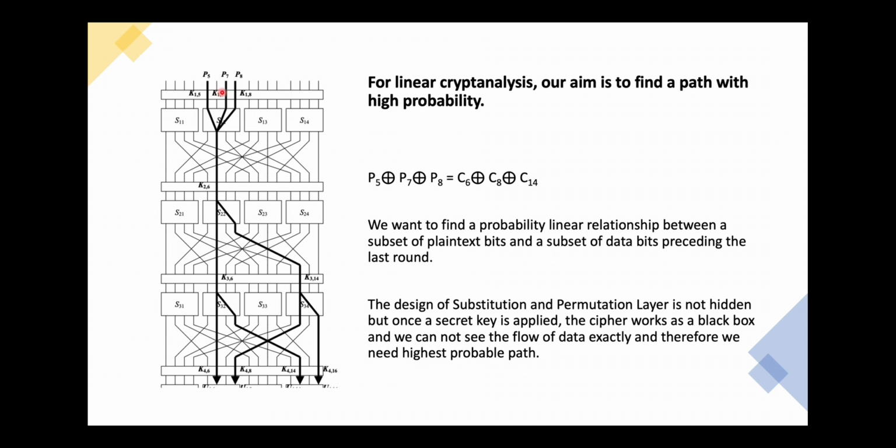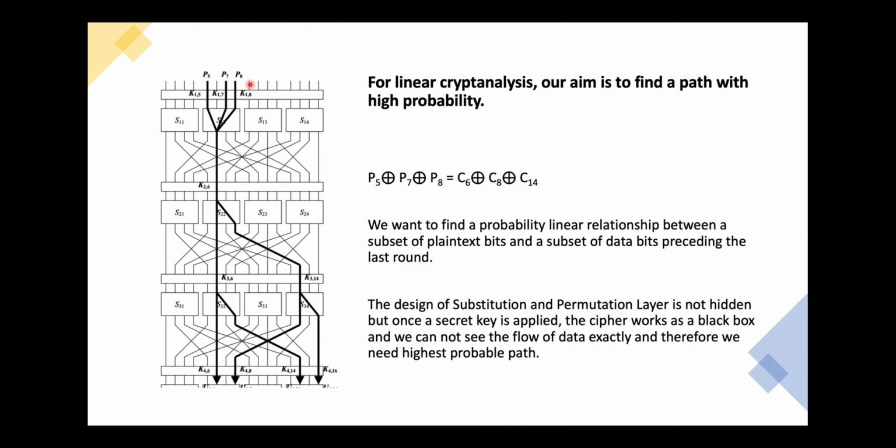You can see it with black lines. We take some bits, for example, P5, P7, and P8 or any other subset of plain text bits and see how it is passing through several rounds. But note that this is not the actual bits. It could be a subset. This is not the actual input.